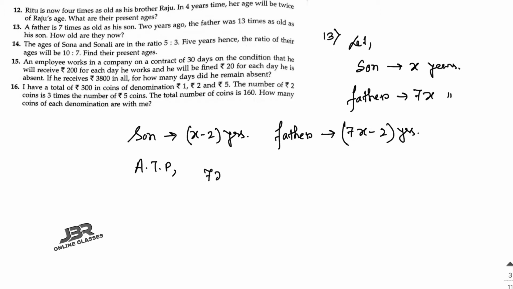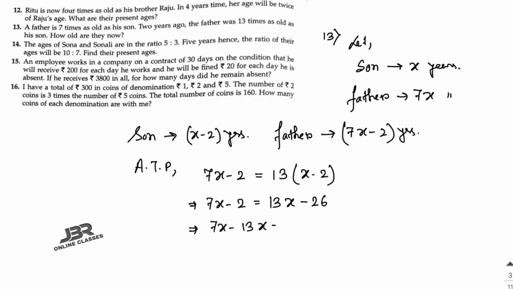So that means here age of his father is equal to 13 into age of the son. So similar kind of problem, 7x minus 2 equals 13x minus 26. Clear? Now here 7x minus 13x, that is equal to minus 26 plus 2. Okay, so here 7x minus 13x, it's minus 6x, that one equal to minus 24.